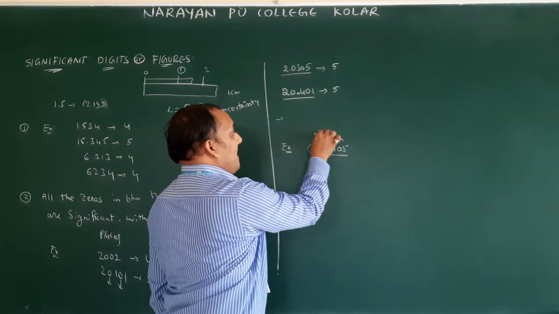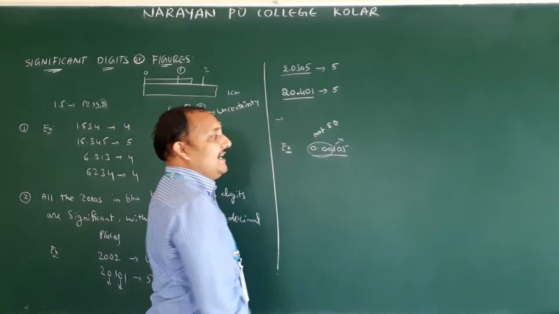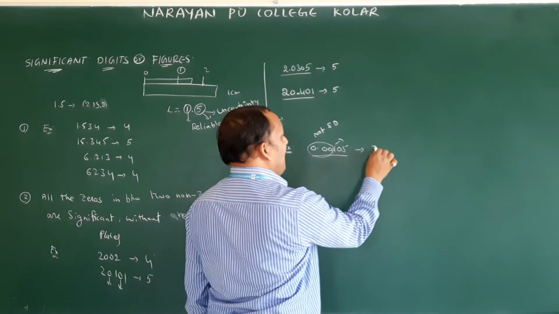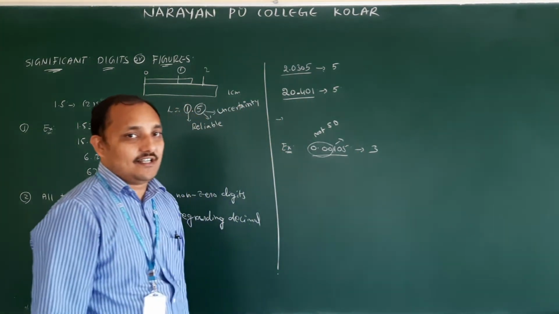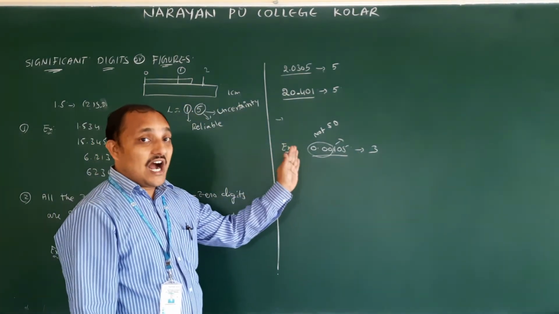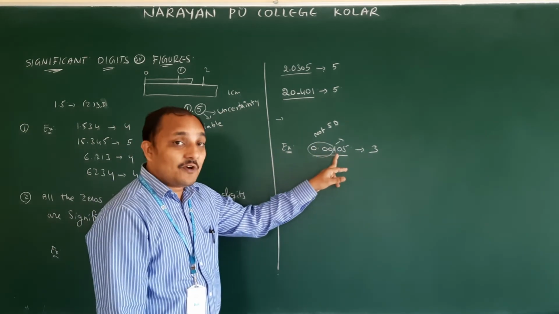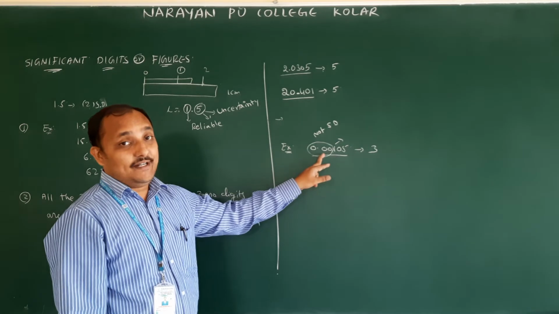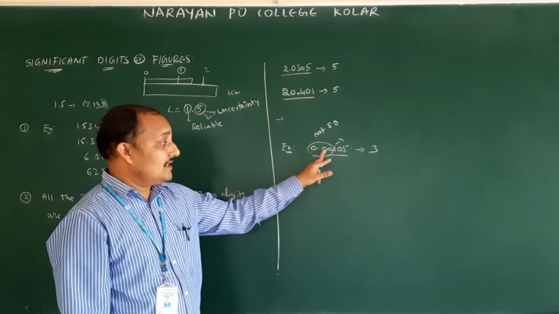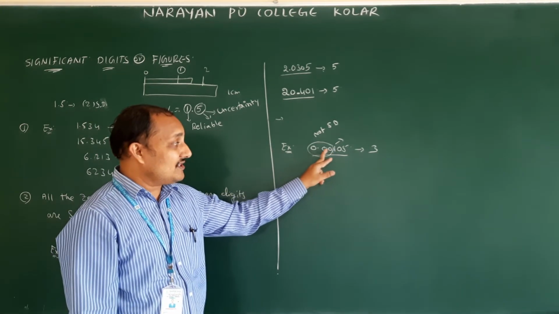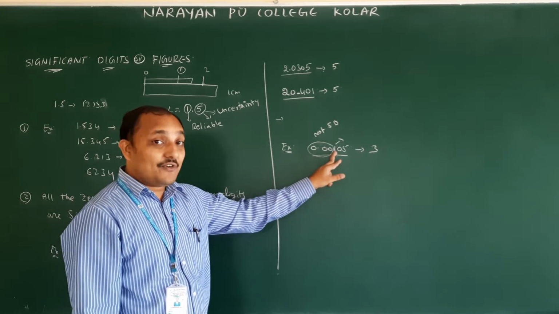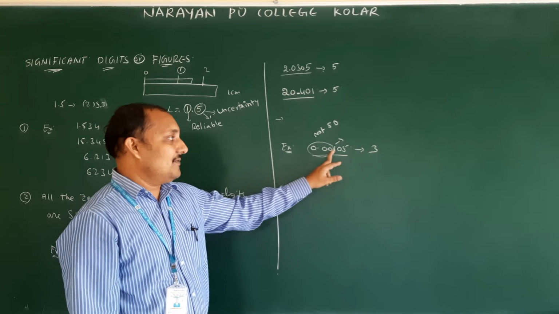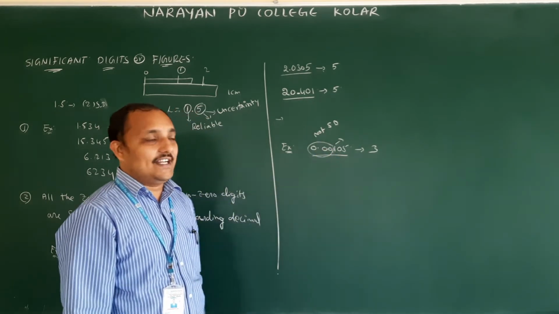These are not significant digits. Therefore, in this 3 significant digits are there.